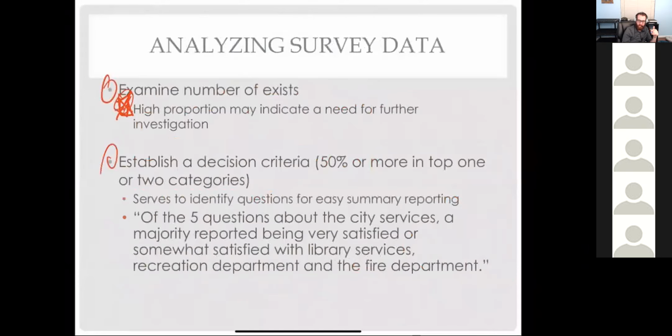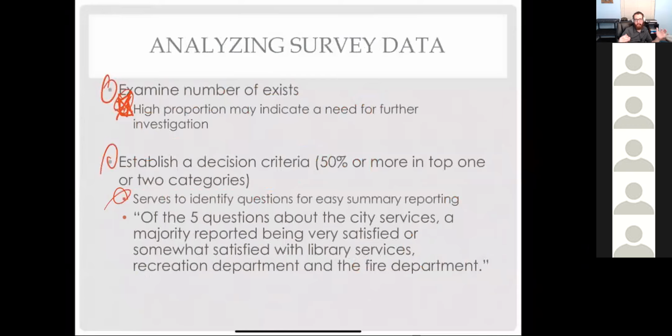You want to try to have a decision criterion if you can. It sometimes makes it easy for summary reporting because you can say a majority of people agree with the following statement, a majority of people disagree with the following 2 statements. That can be very useful so that you don't have to say every time, well, 22% said they agree, and 15% said they strongly agree, but 9% said they're neutral, and 3%.